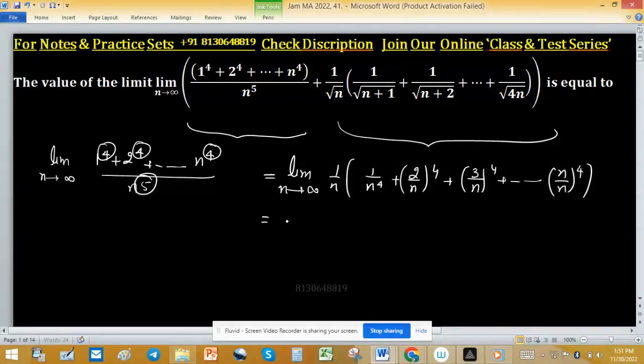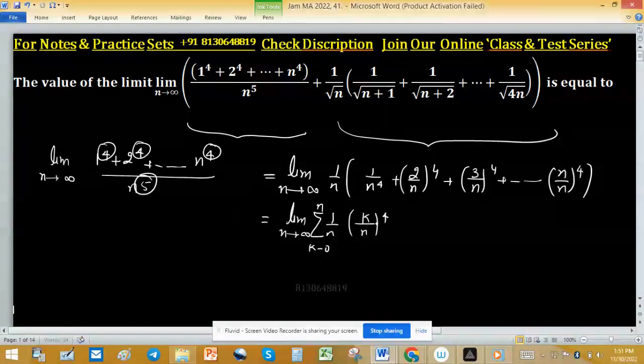So in compact form, you can write limit n tends to infinity of 1 upon n, with k running from 0 to n, 1 upon n within bracket k upon n raised to the power 4.